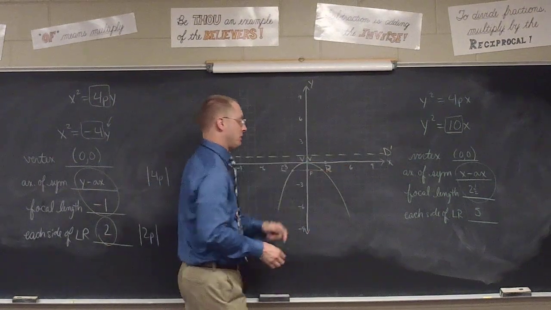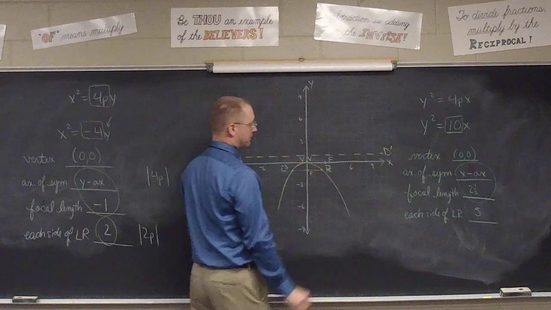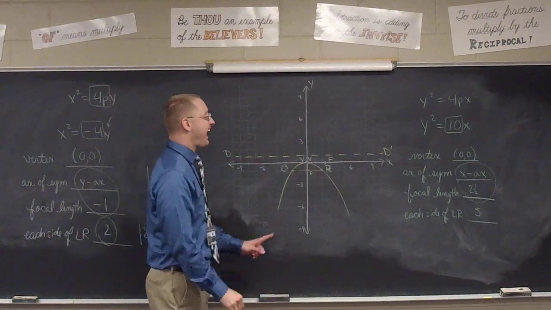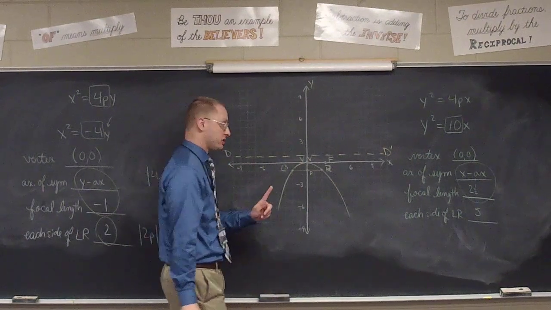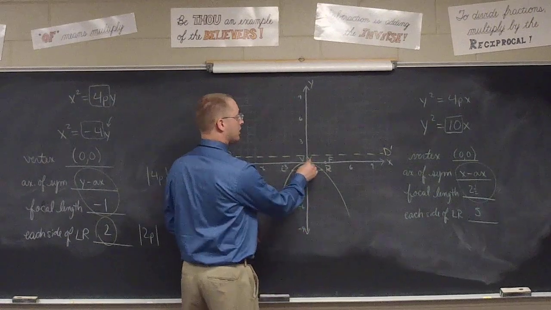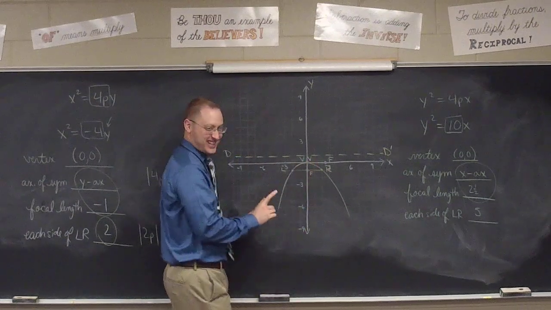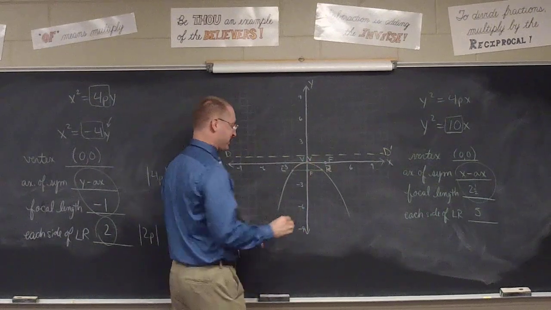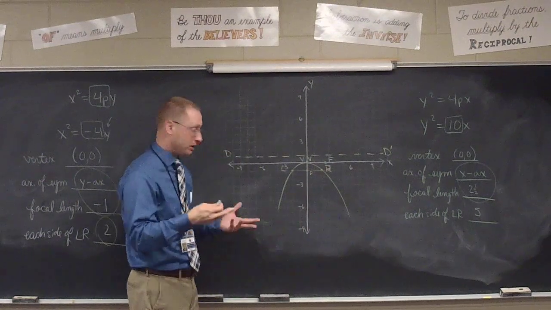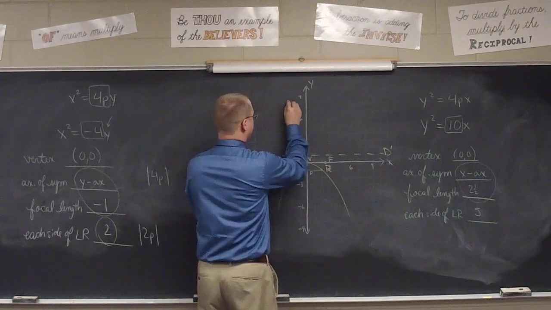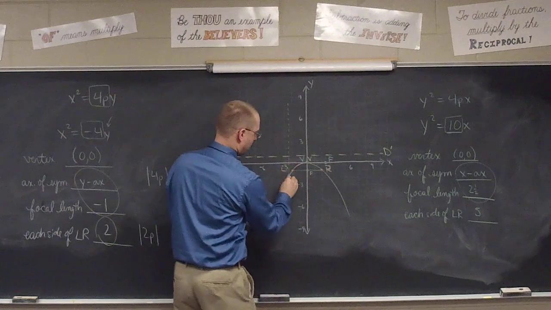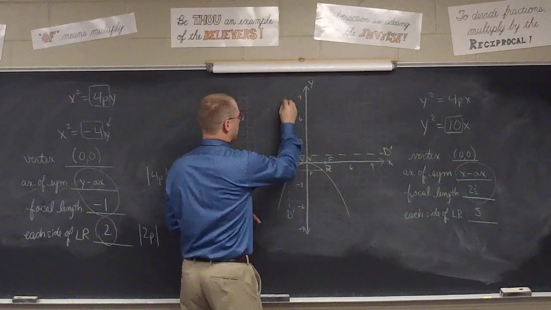But it said positive 2.5. There's my focal point. By the way, I will go negative 2.5, but not to the focus, but to the directrix. What is it, class? Directrix. It helps to direct the parabola, if that helps you think of it. So we're going to go 2.5 to the directrix.